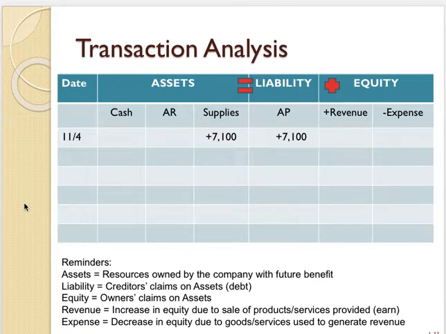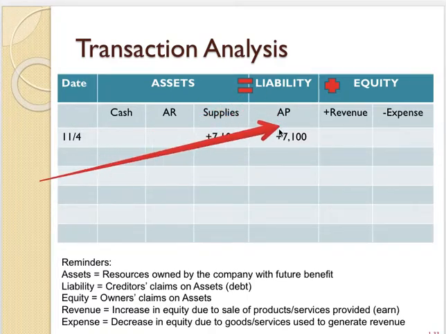So what we see here is that supplies under assets are increasing by $7,100. And supplies qualify as an asset because, again, assets are resources owned by the company expected to yield a future benefit. And so supplies can benefit us because we can use them in the future to do the work that we need to do in order to make money.